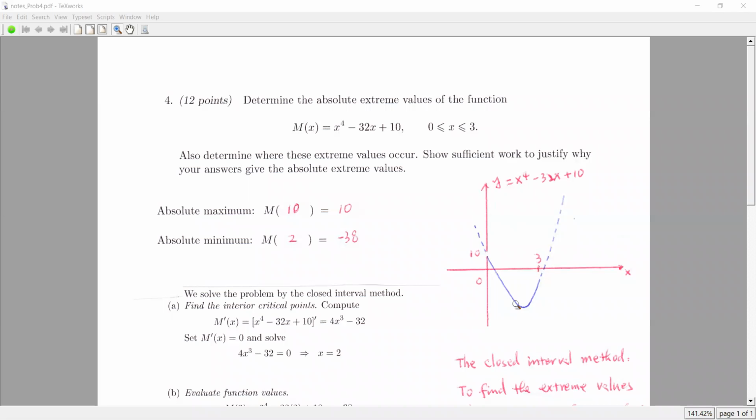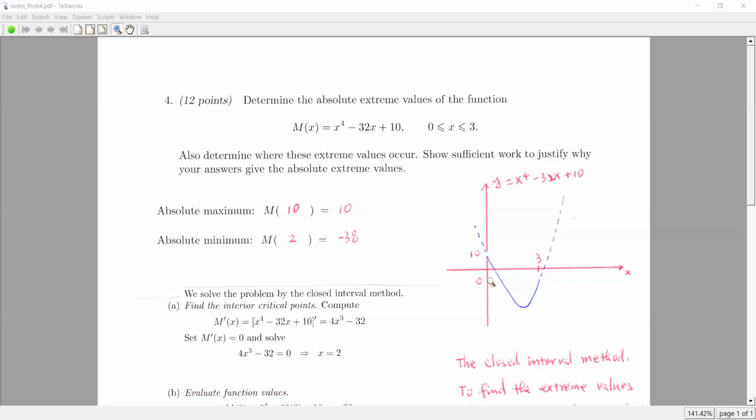Here is the graph of the polynomial. In this problem, we don't consider the whole graph. We only consider the portion between 0 and 3. That is, we only consider this portion. We need to find the highest and the lowest points of this portion and their locations.